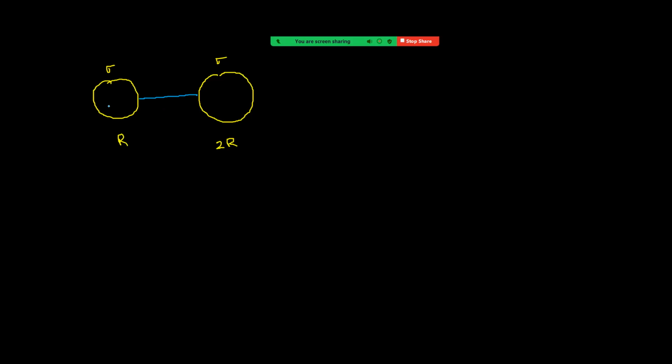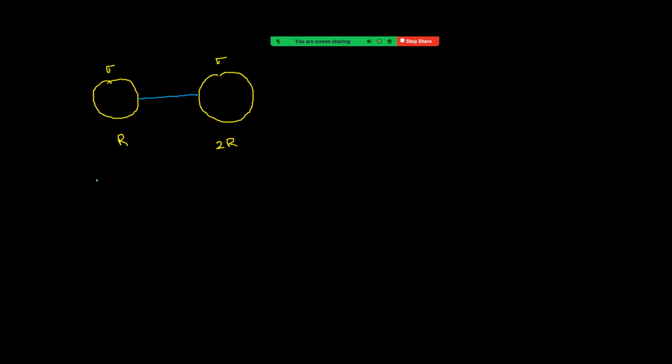And we know that positive charge flows from high potential to low potential, right? Now, one more point here: separation is given very large. That means while taking potential, the influence of this sphere on this one will be zero. In the same way, the reverse also.